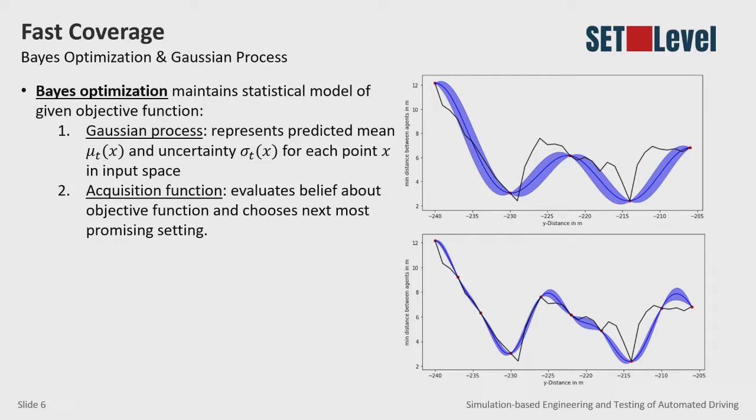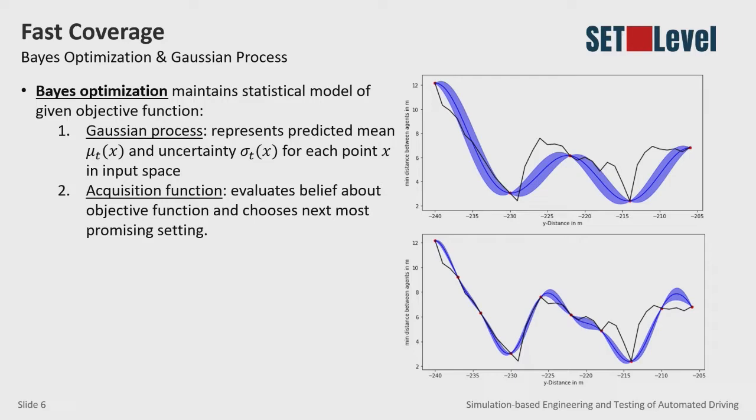And for the rest, we use a Bayes estimation of what goes on in between. And we see the unknown target function in black, and in blue the current estimation with confidence intervals, so that is the standard deviation depicted here.